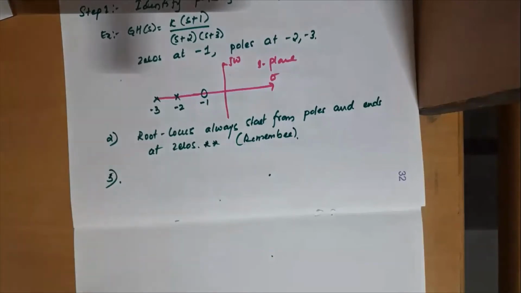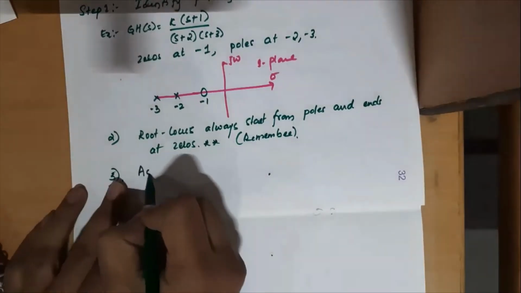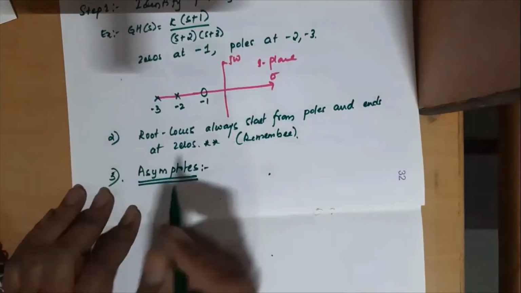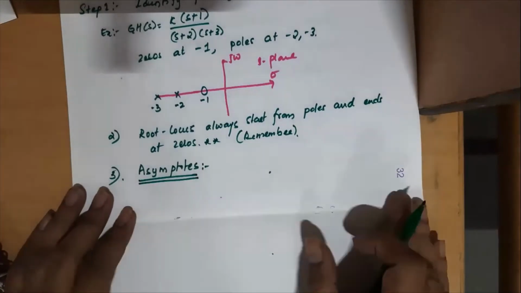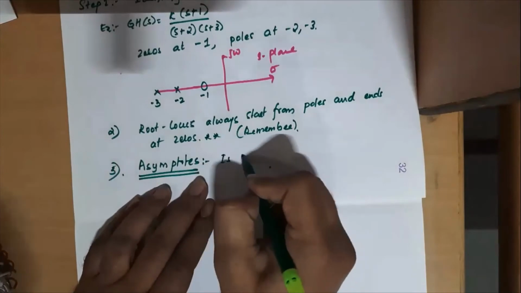So the third step is something called a new terminology, asymptotes. Asymptotes have a definition. So let us see what an asymptote means.